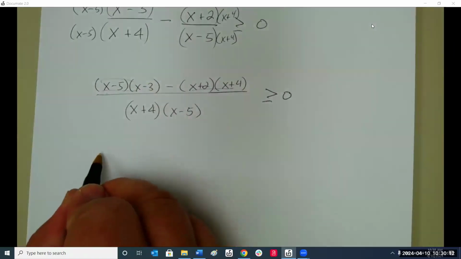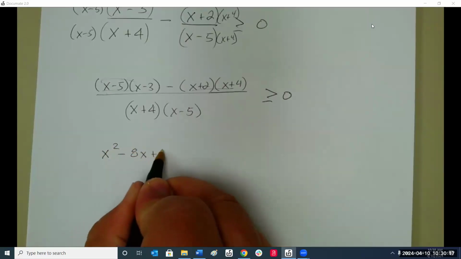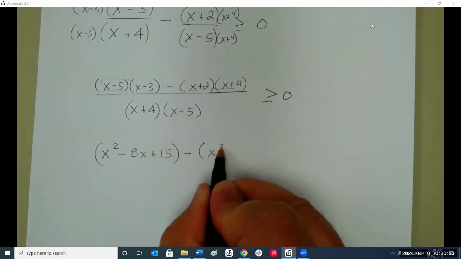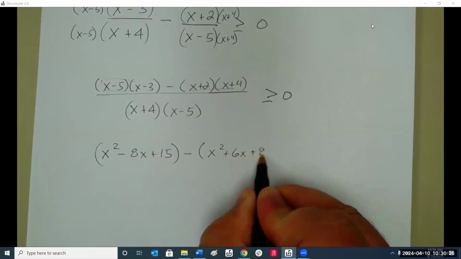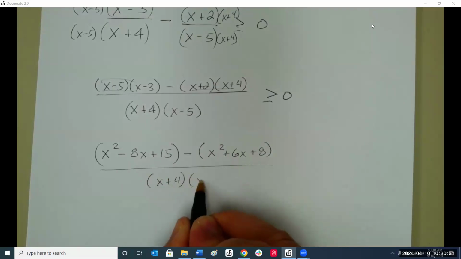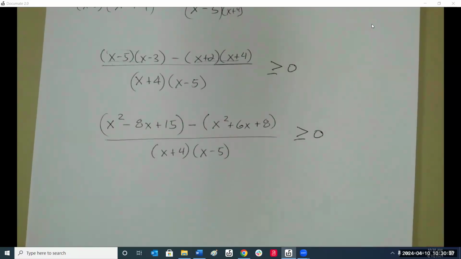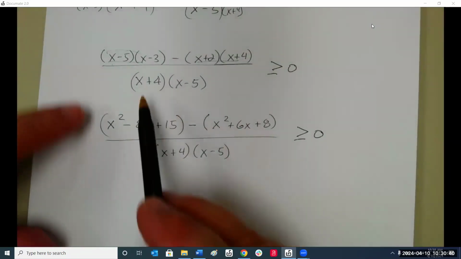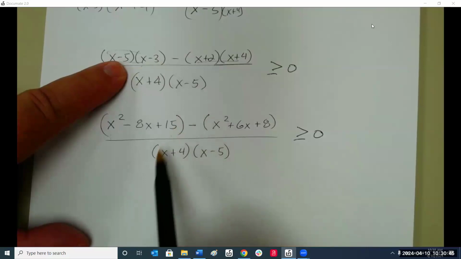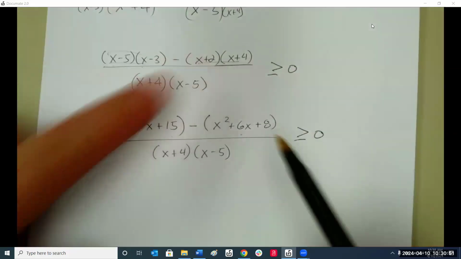So let's simplify the numerators. We have to FOIL those out. We get x squared minus 8x plus 15 minus x squared plus 6x plus 8. A shortcut is x times x is x squared, 3x and 5x is 8x, 15. X squared, 4x and 2x is 6x, 8.